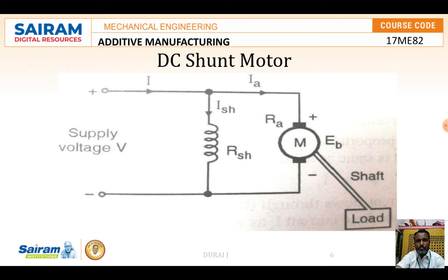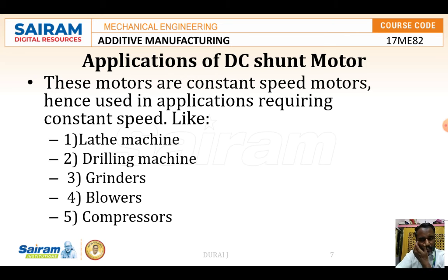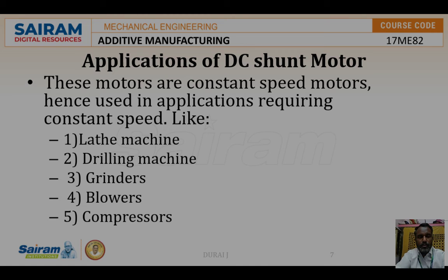This type of DC motor is probably the most widely used motor in industrial applications. The application of the DC shunt motor is widely in industry, for the lathe machine, drilling machine, grinders, blowers and compressors.